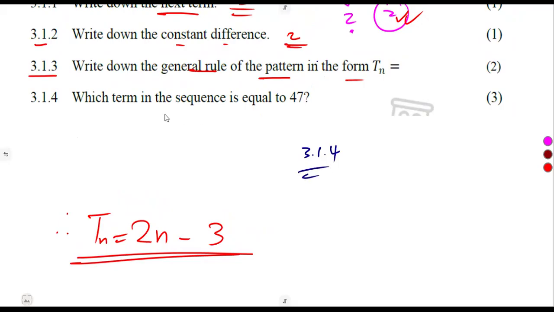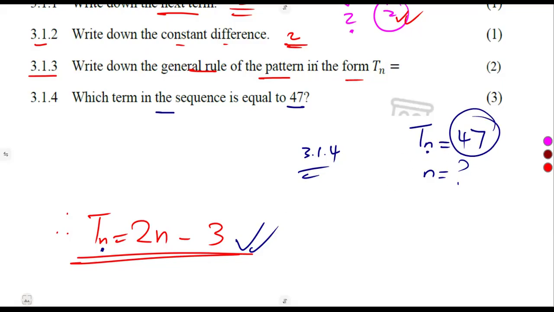All right? Which term in the sequence is equal to 47? They are simply saying when Tn is equal to 47, so n is what? The nth term. We are finding n. Remember, this is the general rule representing Tn. The same Tn that we see is now said to be 47.